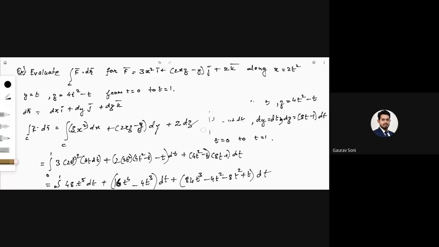I'll rub the substitution part and write the further steps over there.